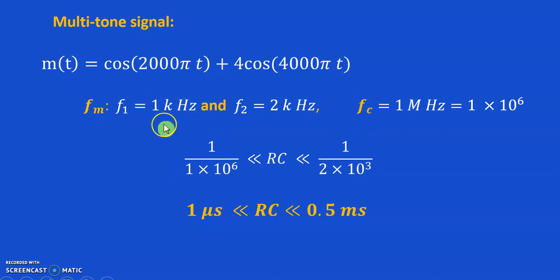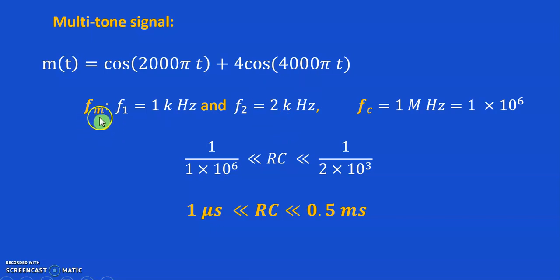So we have now here Fm, and we have to select between these two. As we said, Fm is the maximum frequency component of the signal. In case of a multi-tone signal, we have more than one frequency, so the idea is to select the maximum frequency, which is 2 kilohertz.